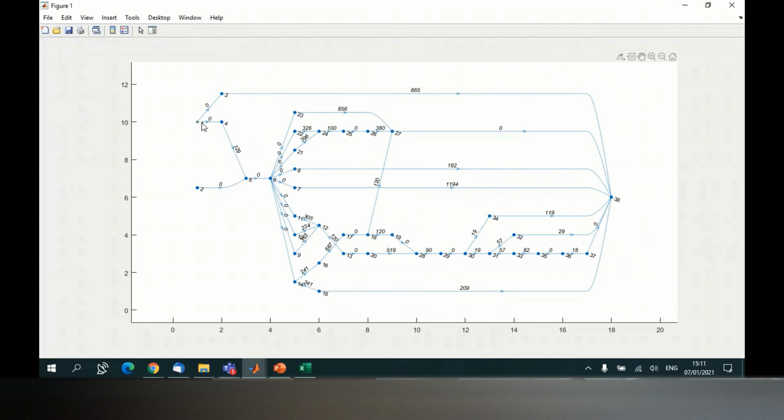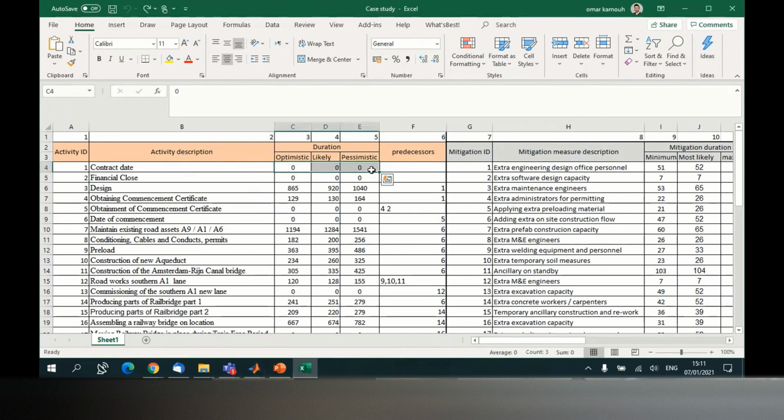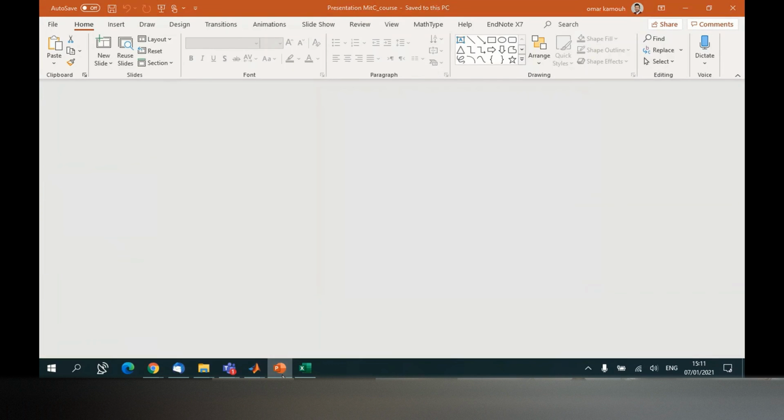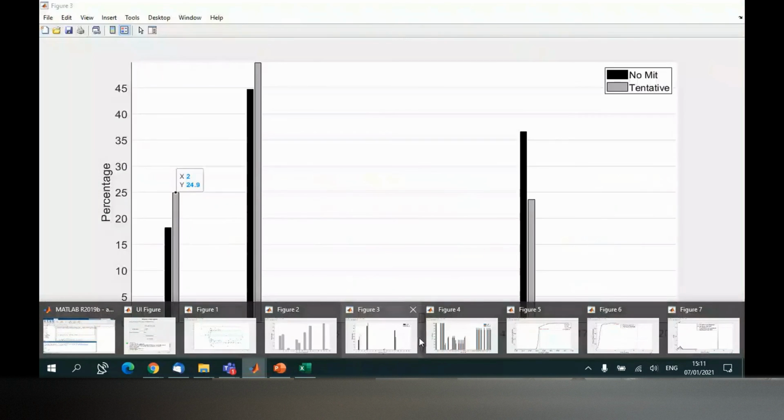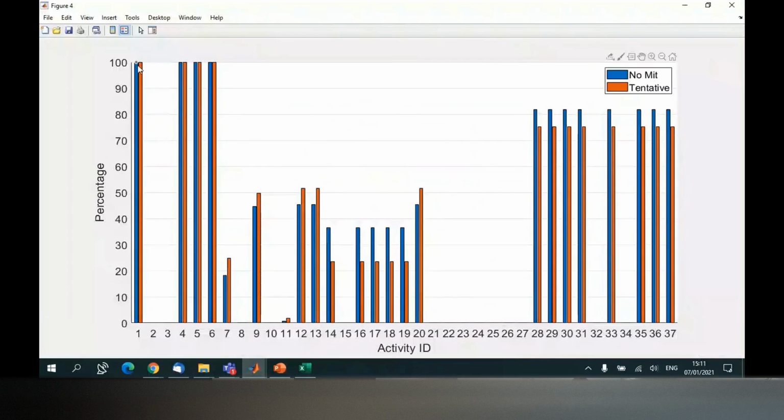Also activity 1, although that's really funny, because activity number 1 is something that's already executed, that has 0 duration. But I'm telling you that it's critical, and this is really misleading. Why? Because it just happened to be on the critical path. This is the reason why it's critical, but you can do nothing about it because that's something you already implemented.